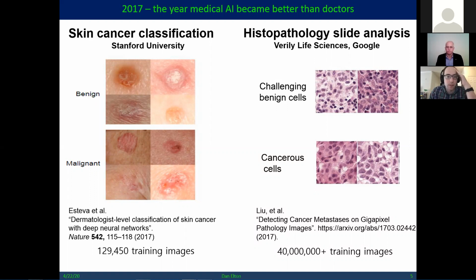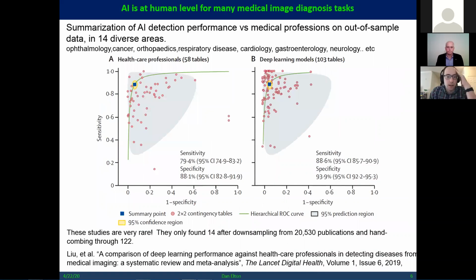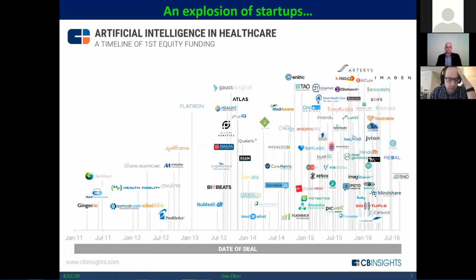I'm not going to spend that much time on this slide, but the point of this is there are now many systems that have achieved the performance of your average medical professional. And there's a paper mentioned at the bottom of the slide.